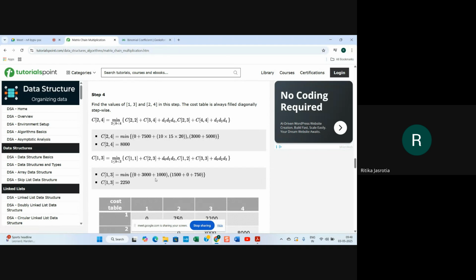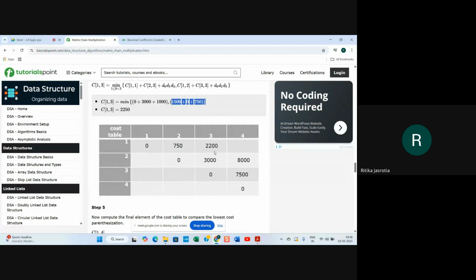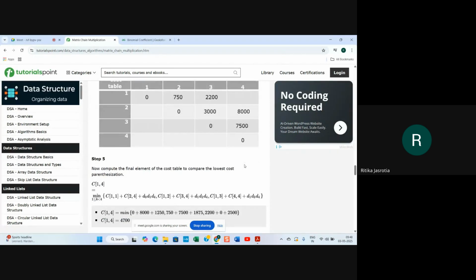So this will give you 4000 and this is giving you 2250. So this is the minimum you will take, 2250. We will keep the minimum here. It is 2250, not 2200, so they must have mistakenly written it here, right? And here you have taken 8000. So this much of your table has been finished.